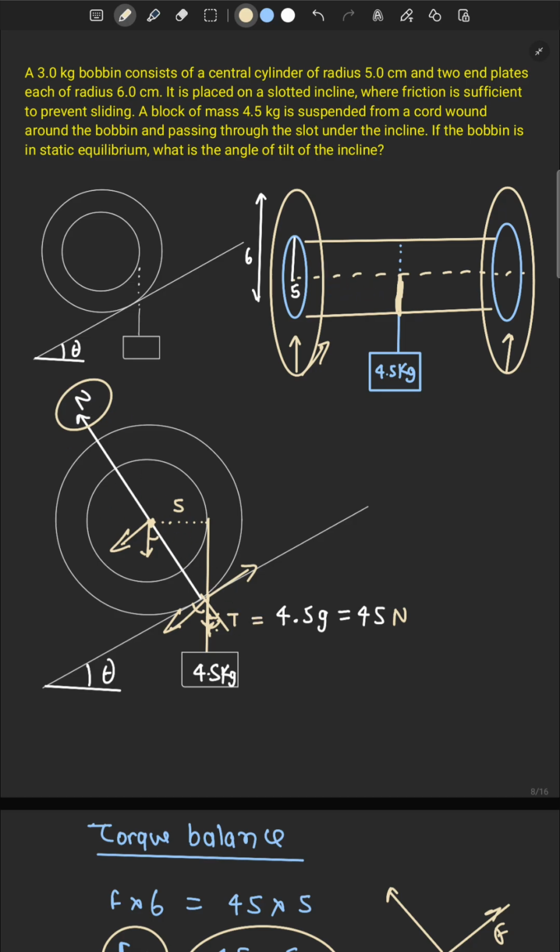But if we consider the torque of this one, it will cancel out by this one. This normal will cancel out the other's torque.